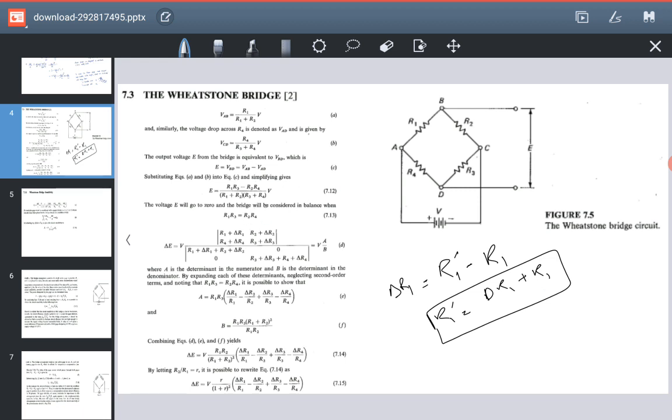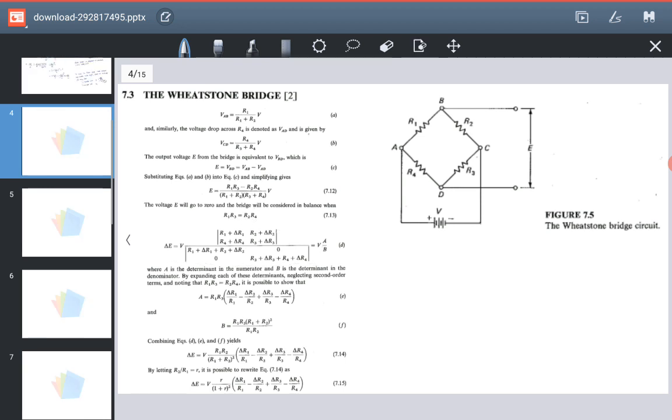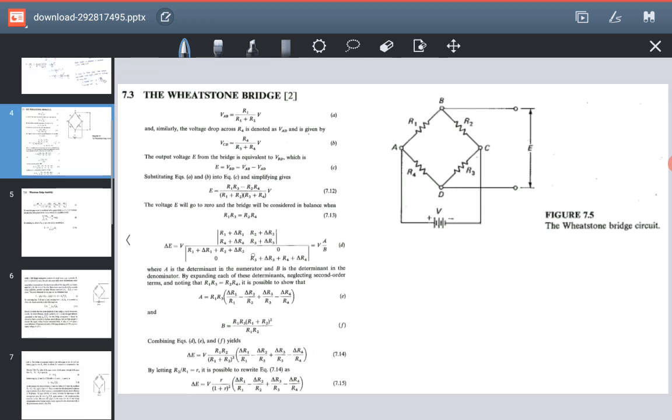Putting all of this in this 7.2, I will get this equation in matrix form. I will name this A and this B. If I simplify, under this condition I will get A as this and B as this.